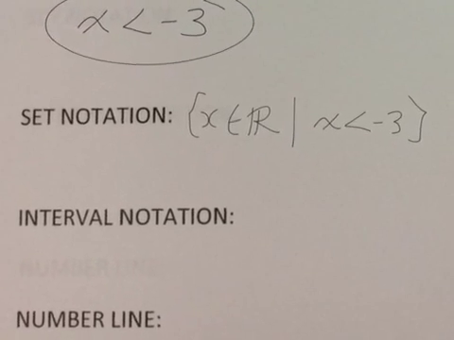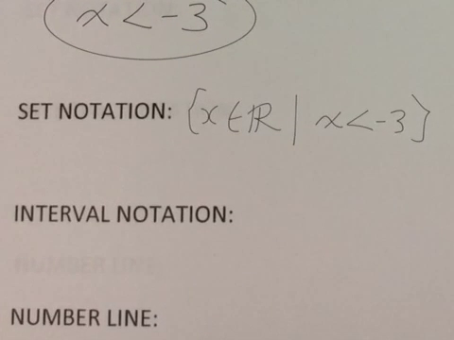Now it all depends on the inequality. Since we have less than and there's no equal sign, we're going to use round brackets, right? So if it's less than -3, it basically means it's from -3 to negative infinity. So negative infinity is only on the left, and then negative 3. So we're going to use round brackets because we don't see any equal signs. We're not going to use the square brackets.